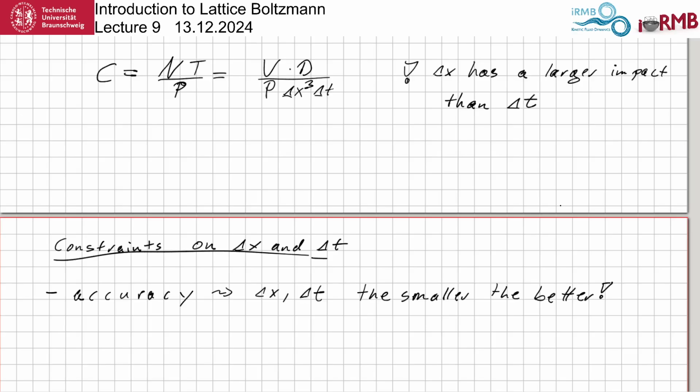First of all, you have to decide what accuracy you want to have. Then you would have to assess whether you actually get this accuracy, and then you have to decide how to set your delta x and delta t. So this is pretty difficult to do.